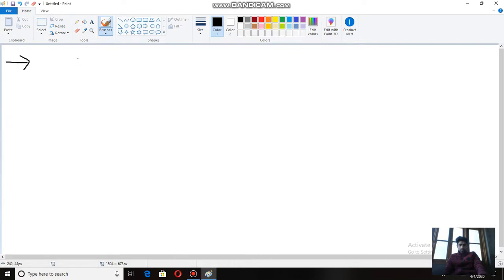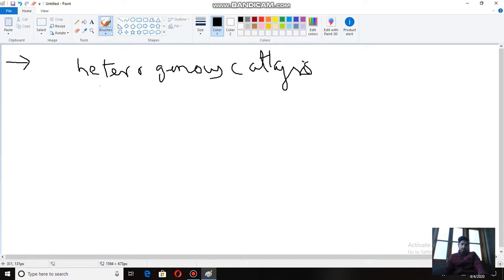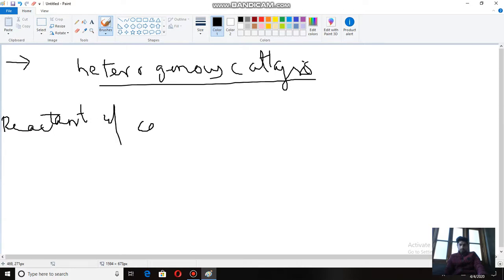Now we discuss the heterogeneous catalysis. I hope you remember, in this type of catalysis the reactants and catalyst are not present in the same phase.